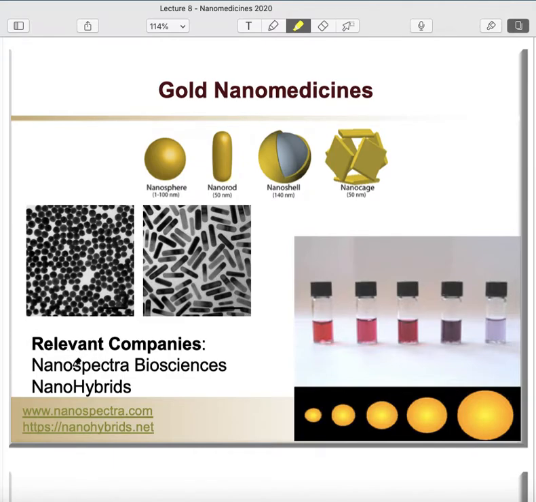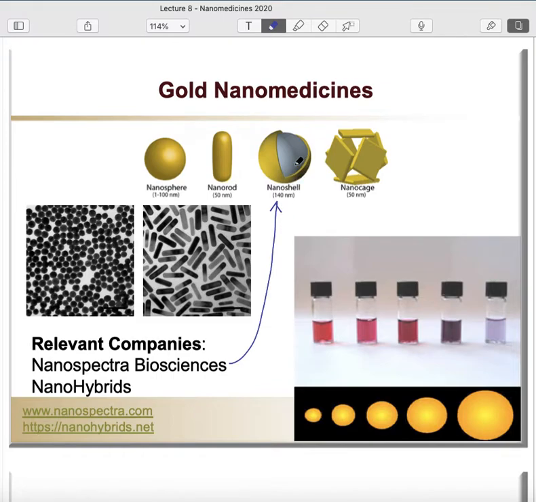Two relevant companies that I wanted to point out are Nanospectra Biosciences and Nanohybrids. Nanospectra Biosciences works on the use of nanoshells for applications in photothermal therapy for cancer. They are, or they have been, and they continue to be in clinical trials for different types of cancer treatments utilizing photothermal therapy.